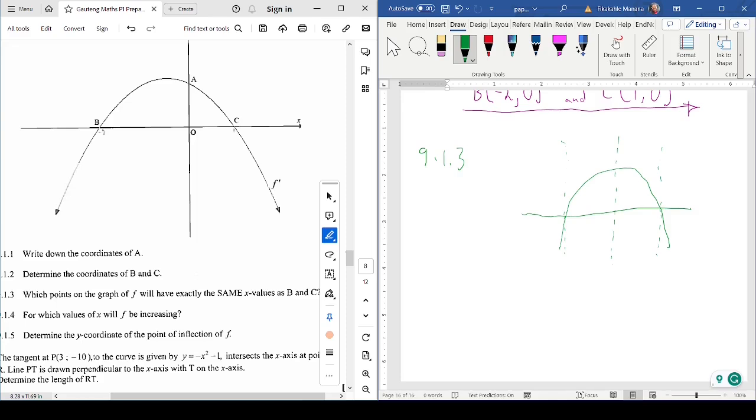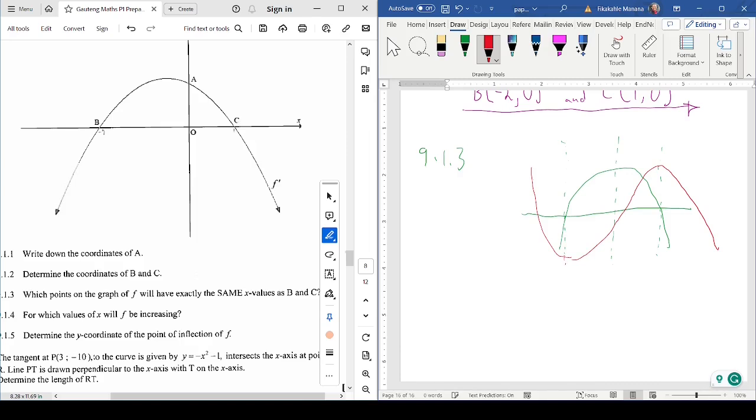here you will have the graph having a turning point right there, and then it's going to go on like that, and then have another turning point right there. That's the relationship.